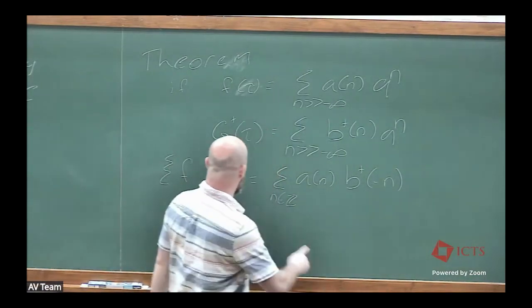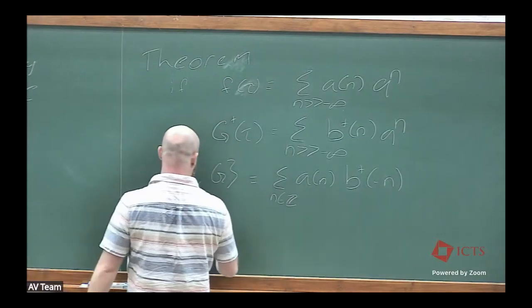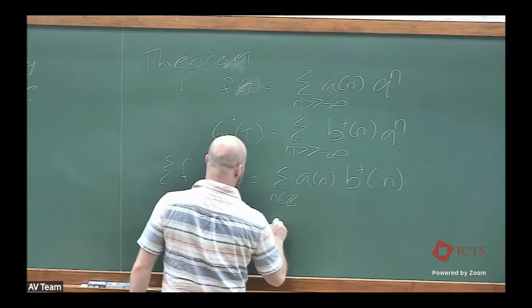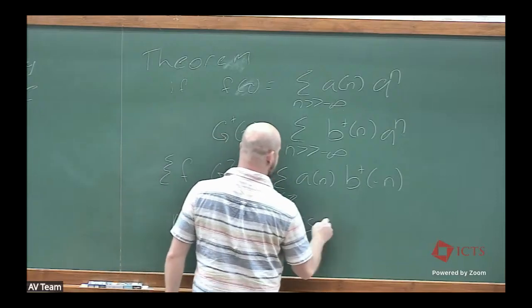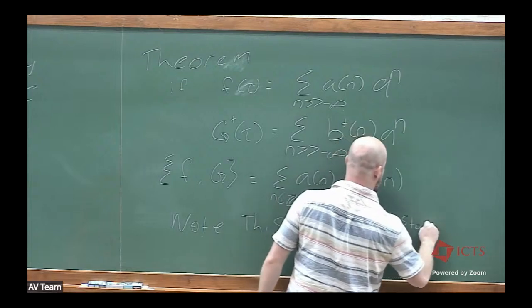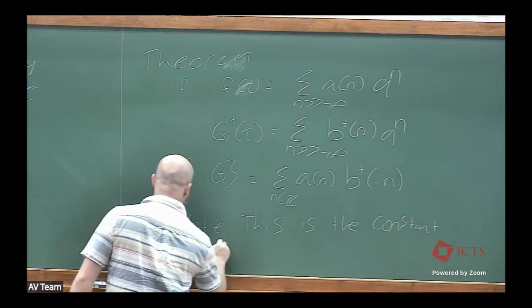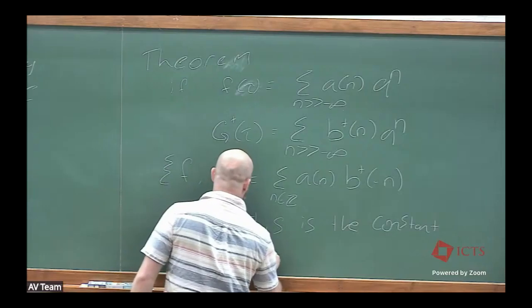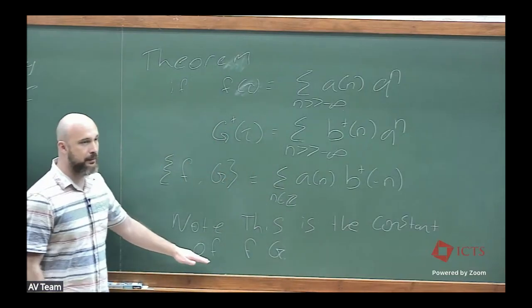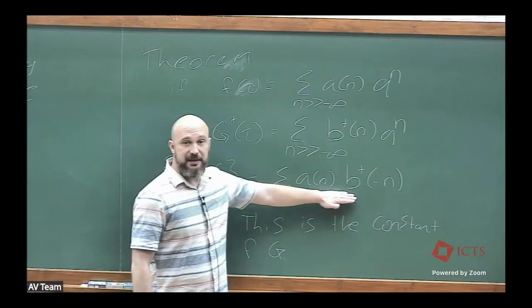And then we're just really quickly going to note this is the constant term of f times g. So that's where this sum comes from.